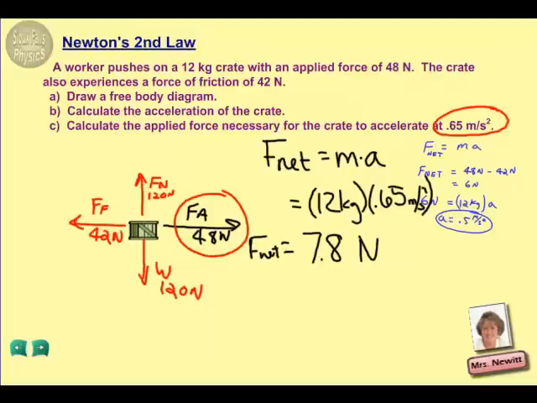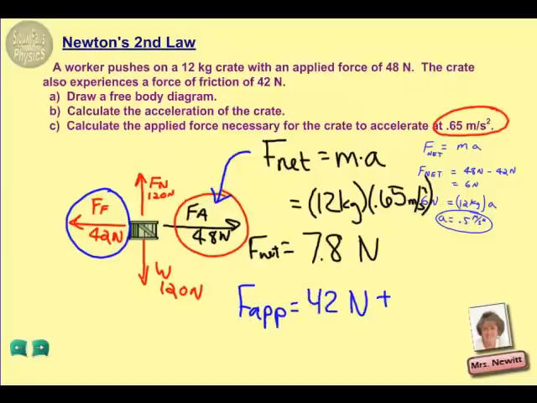So what that needs to tell us then is how much greater this applied force is than the friction force that is opposing it. Well, our friction force is already 42 newtons.